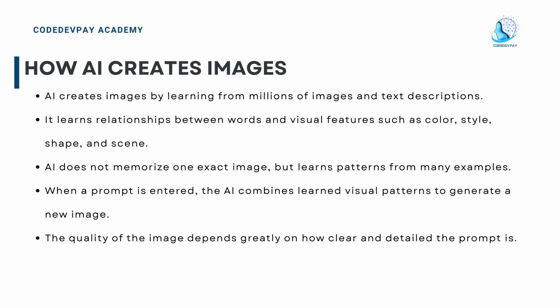It will then combine visual patterns associated with these concepts and generate a new image based on probability and learned patterns. Some important points to know is that AI does not copy one single image. It generates a new image using learned visual patterns. The output depends heavily on the quality of the prompt, and better prompts often produce better results.